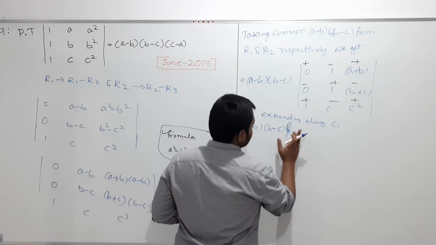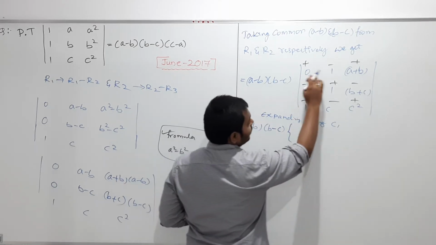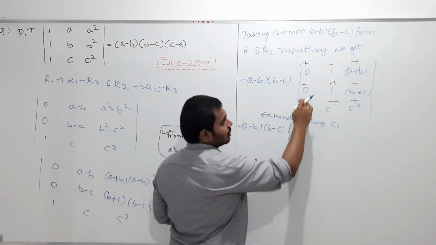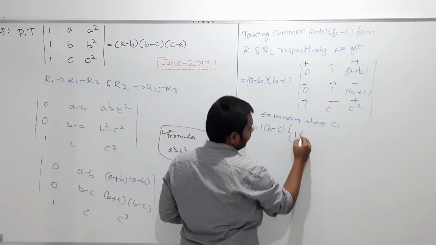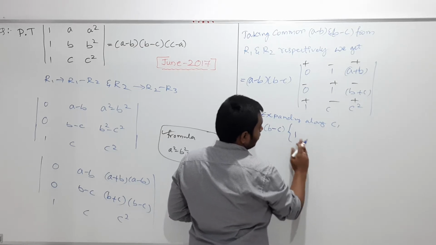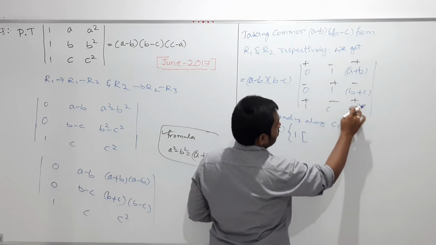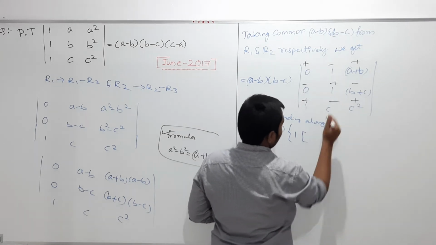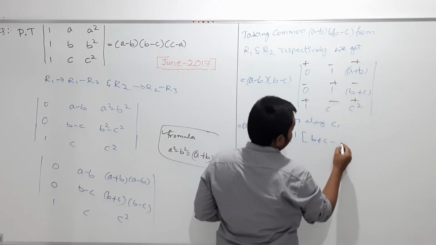0 into anything is 0, 0 into anything is 0. Leave these two parts, only take this one. Plus 1 into, leave this row and this column. So what is remaining? (b plus c) into 1, minus of 1 into (a plus b).